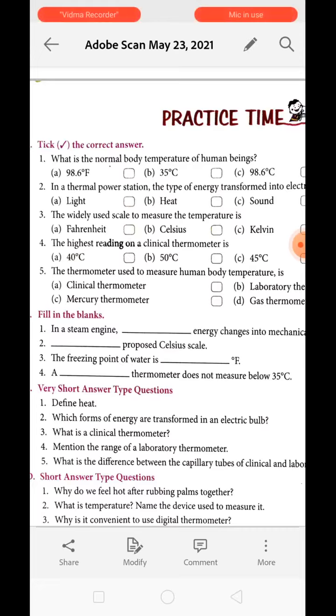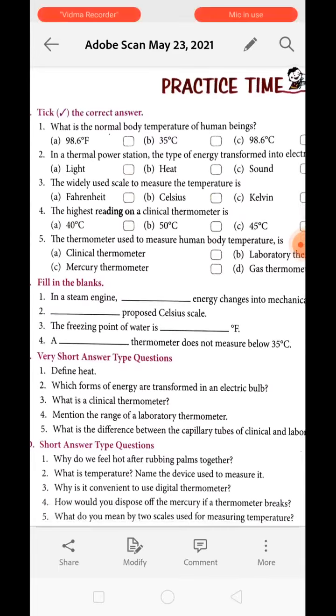So the answer of the third question is B, Celsius. Fourth, the highest reading on a clinical thermometer is 42 degree centigrade. So option D is the correct answer. Fifth question: the thermometer used to measure human body temperature is the clinical thermometer. Option A is the correct one.